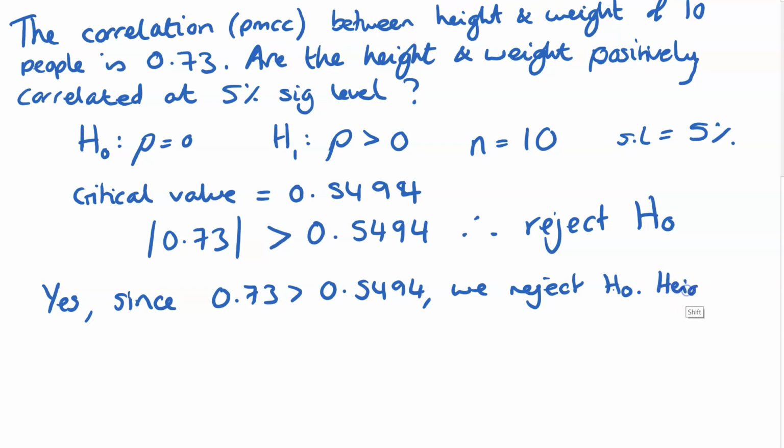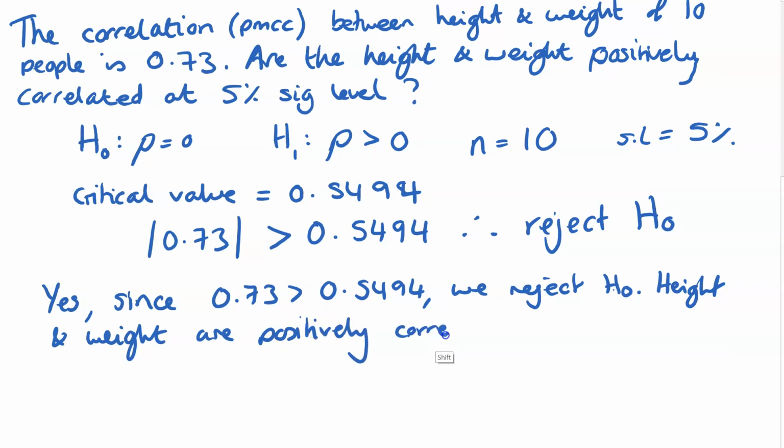Height and weight are positively correlated. Relate it back to the question, at the 5% significance level. That's it. It's knowing how to read a table.